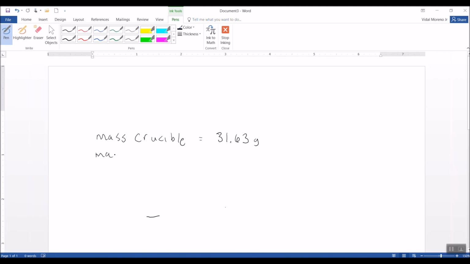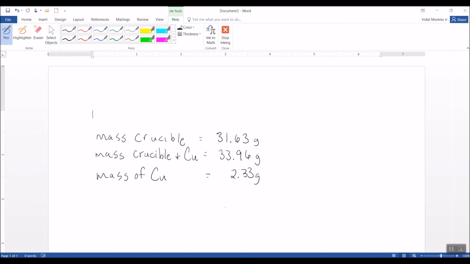Once we added the copper to it, that's the mass of the crucible and the copper, and that was, if I remember correctly, 33.96. Now, if you take the difference between those, you get a difference of 2.33 grams. That is going to be the mass of the copper, and that's very important.